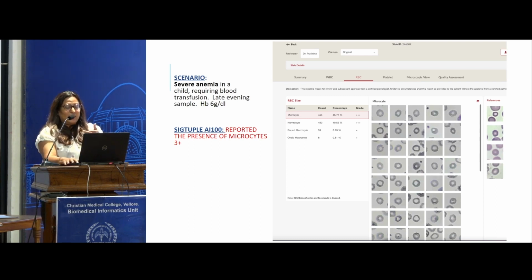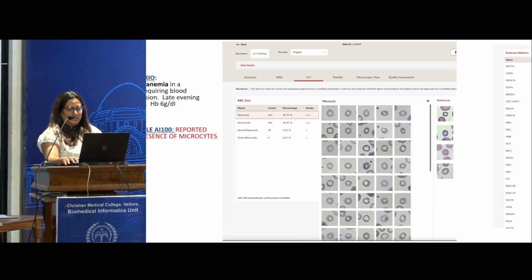So if we have visual evidence like this, the pathologist can say that it is not leukemia, it is just anemia, and then you can go ahead with blood transfusions. The report was microcytic hypochromic anemia, usually due to iron deficiency. The diagnosis of iron deficiency anemia was given, and the patient was given immediate blood transfusion with iron supplements.